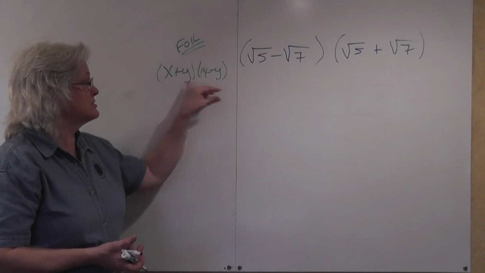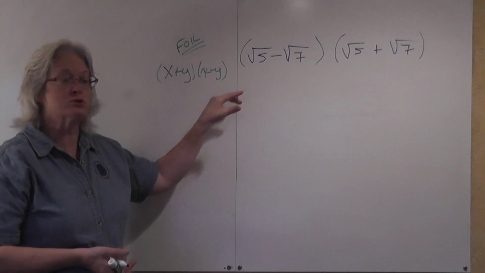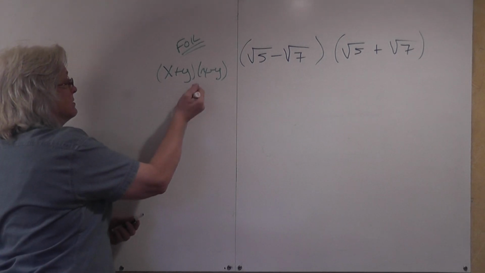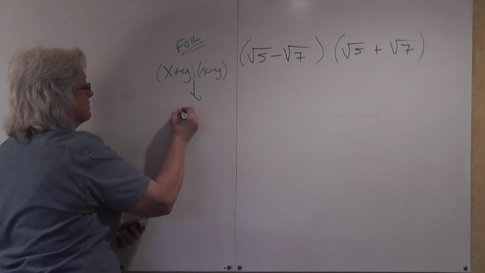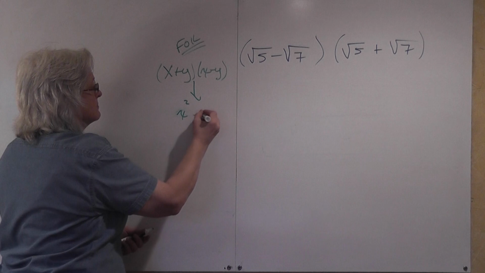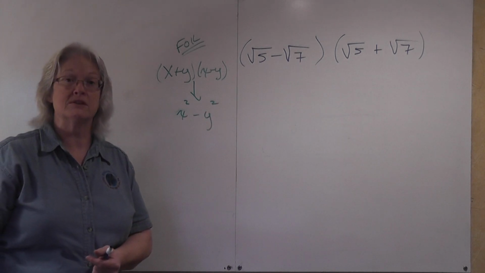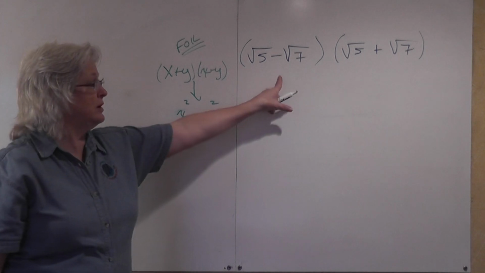But we also noticed that when we had something that looked like this, this was the factored form of the difference of two squares. What you did for this was you took the first term and you squared it, and then you subtracted the square of the second term. So that's what we're going to be able to do here.